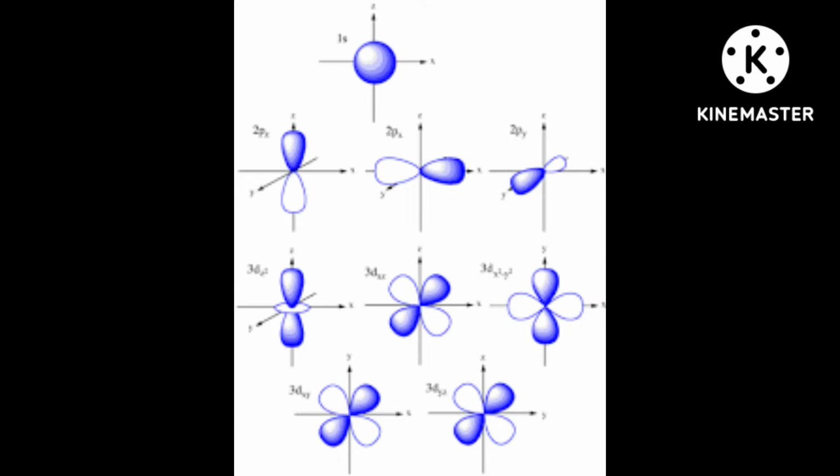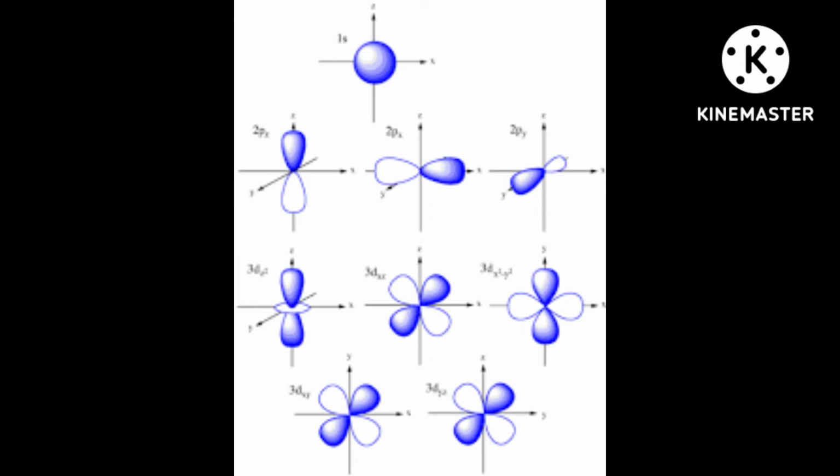Then I am giving the answer to this question. Why only 90%? Why not 100%? The answer is that the probability density psi square has always some value, howsoever small it may be, at any finite distance from the nucleus.